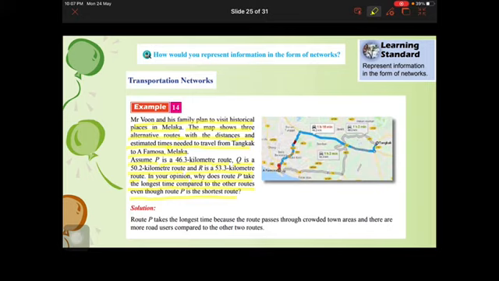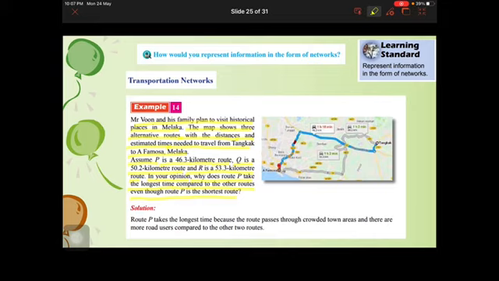The map shows that route P is only 46.3, but the time taken is 1 hour and 80 minutes. But for Q and R, almost the same, 1 hour and 2 minutes, and the distance is also almost the same, like 50 and 53.